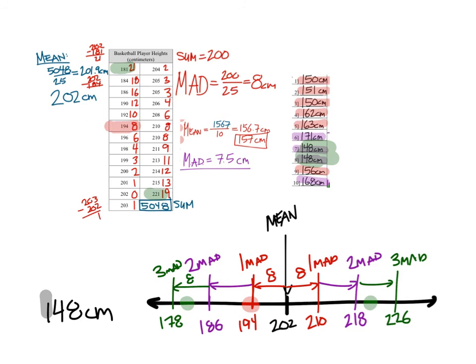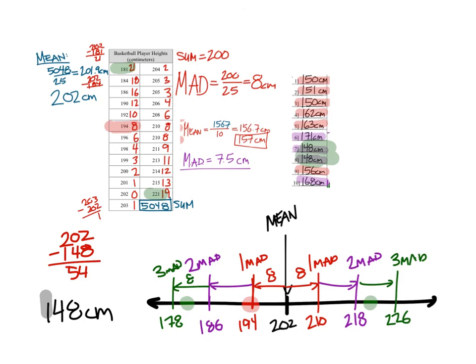So 148, the first thing we need to do to solve that is to figure out how far away 148 is from 202. So I'm going to take 202 and subtract my 148. So 148 centimeters is 54 centimeters away from the mean, right?